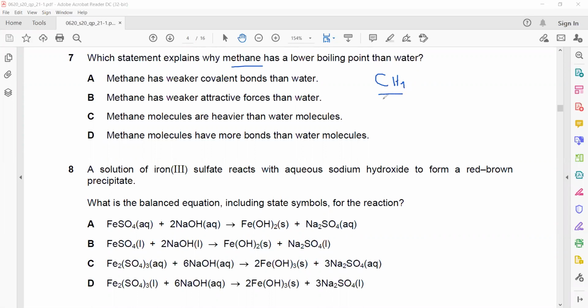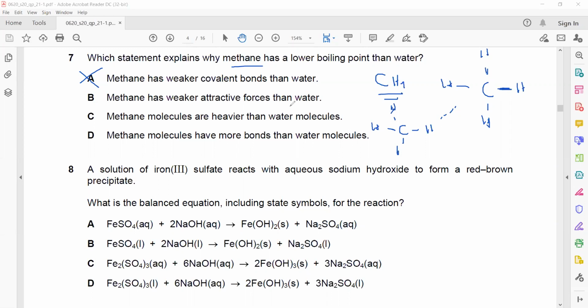Two non-metals are there, so they have covalent bonds, which are strong. You don't say covalent bonds are weaker, but the attraction between the molecules is weak. Covalent bonds are strong, but between the two molecules, the force is weaker in a covalent compound. This force is weaker, but within the molecule, the bonds are stronger. So you cannot say methane has weaker covalent bonds.